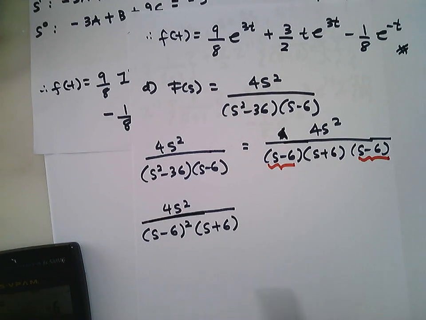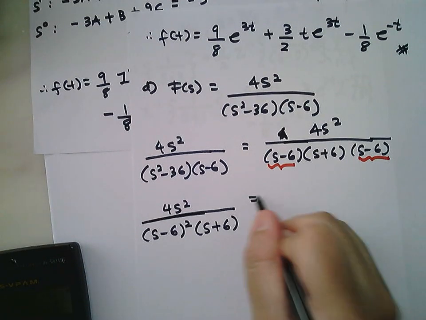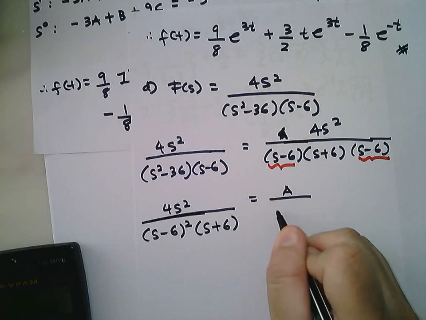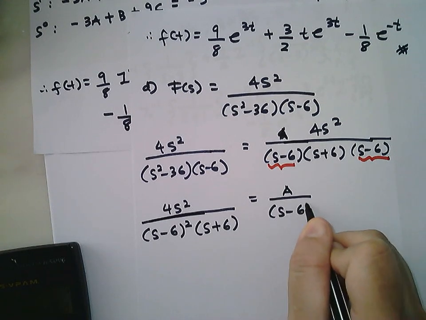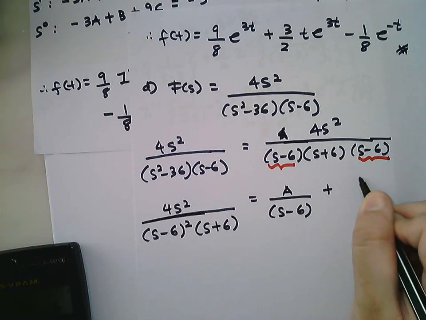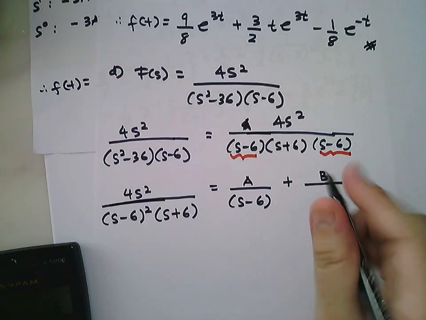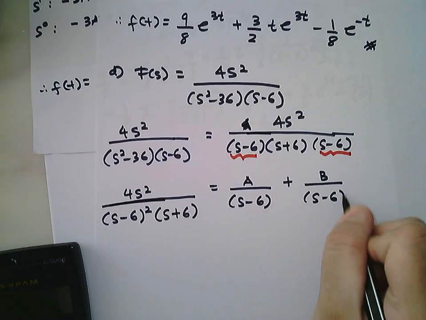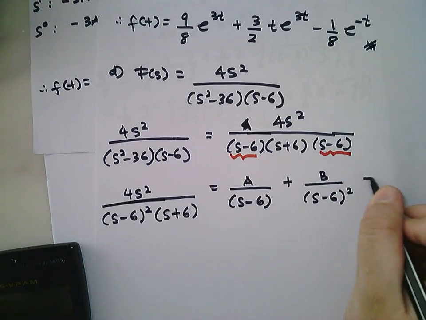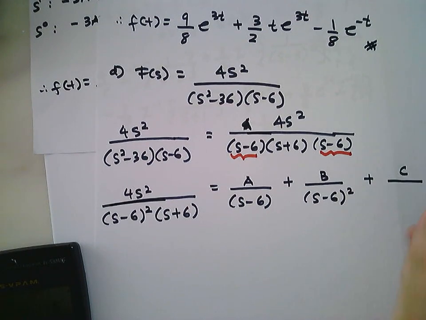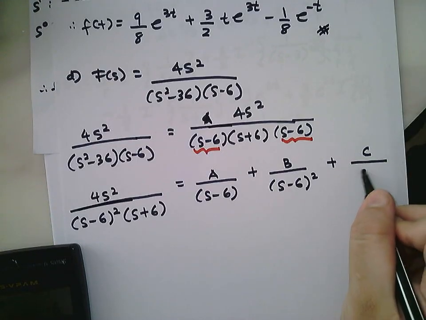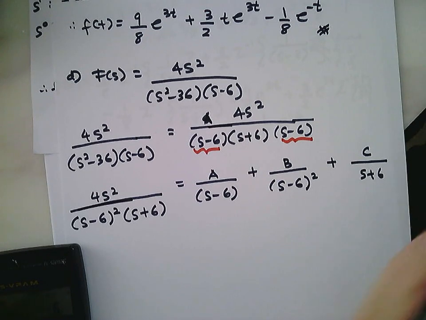Therefore the partial fraction will be a over s minus 6 plus b over (s minus 6) squared plus c over s plus 6.